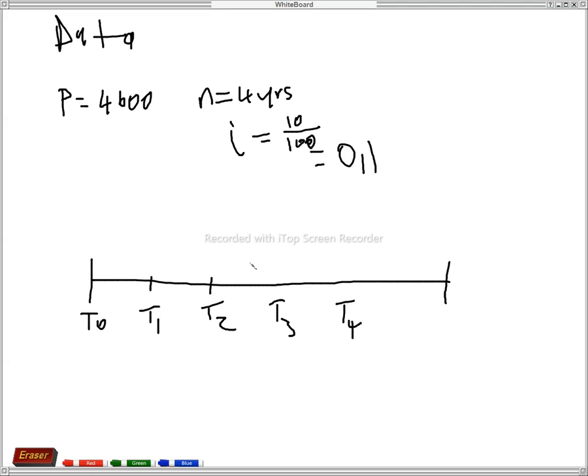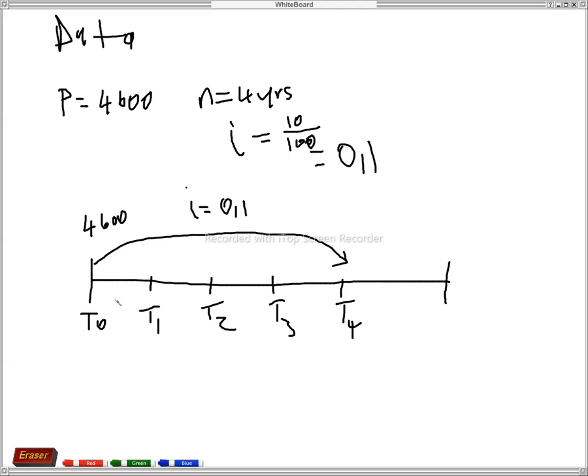From T0 to T4, Spongile invested 4,600 and was receiving a simple interest rate of 0.1. We converted 10% to decimals.